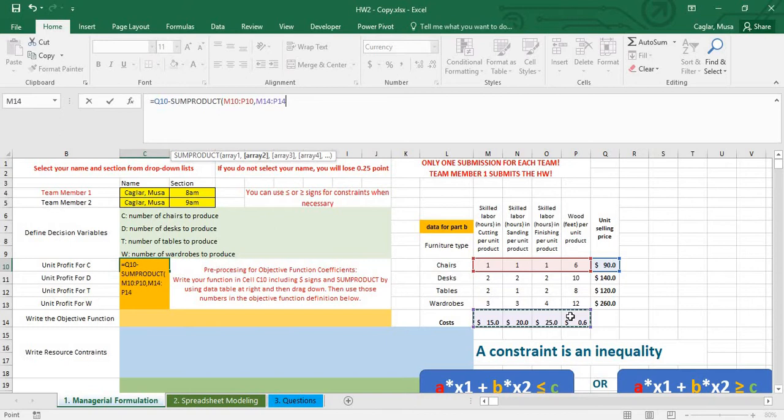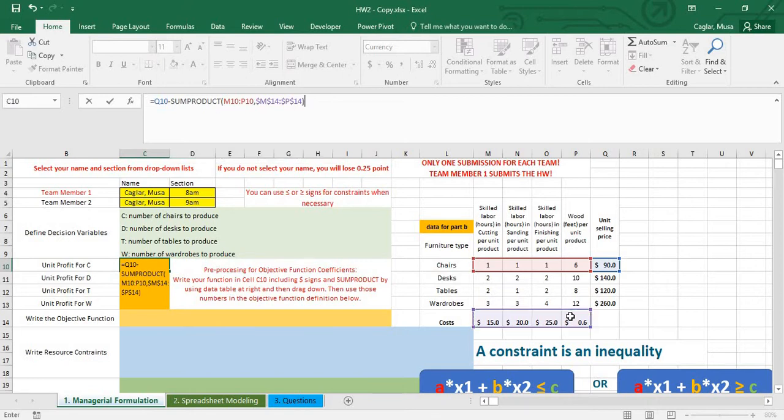Because I also want to calculate the unit profits of D, T, W, and each time I will be using different resource usage data, but I'm gonna use the same cost information. So that's why I need to fix the cost row, for which I'm gonna press F4 and observe the dollar signs.